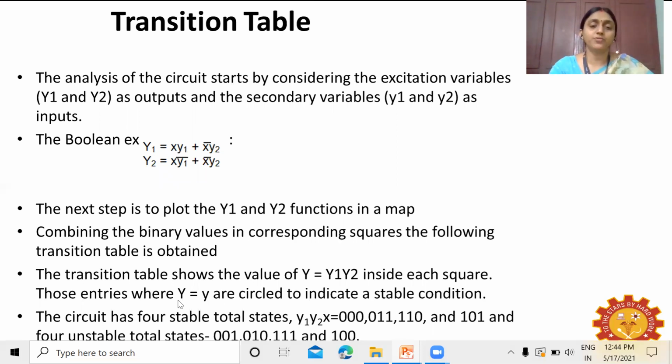The circuit has 4 stable states, where y1y2x is equal to 000, 011, 110 and 101, and 4 unstable states, that are 001, 010, 111 and 100.